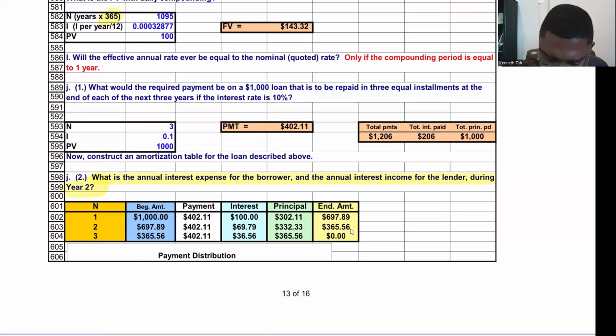Okay, we need to go up further. It says, what will be the required payment? What will the required payment be on a 1,000 loan that is to be repaid in 3 installments at the end of each 3 years if the interest rate is 10?